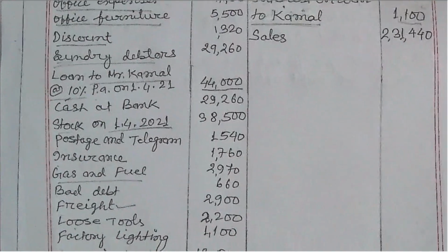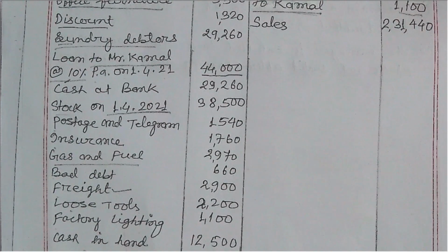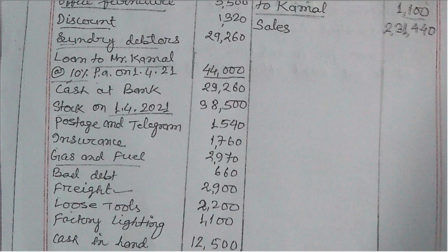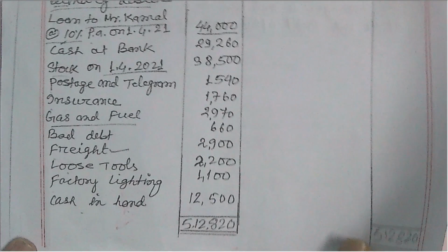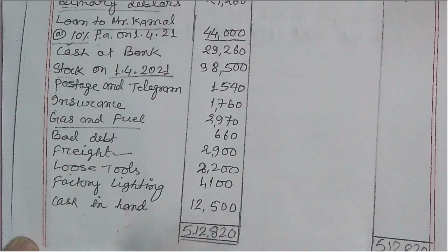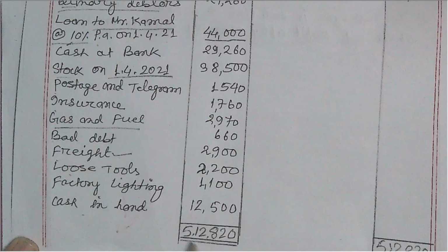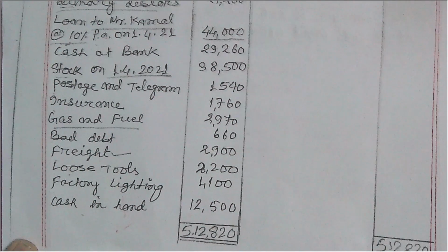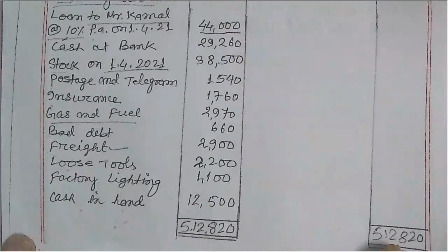This is the trial balance. Total of trial balance 5,12,820, both side, debit side and credit side.